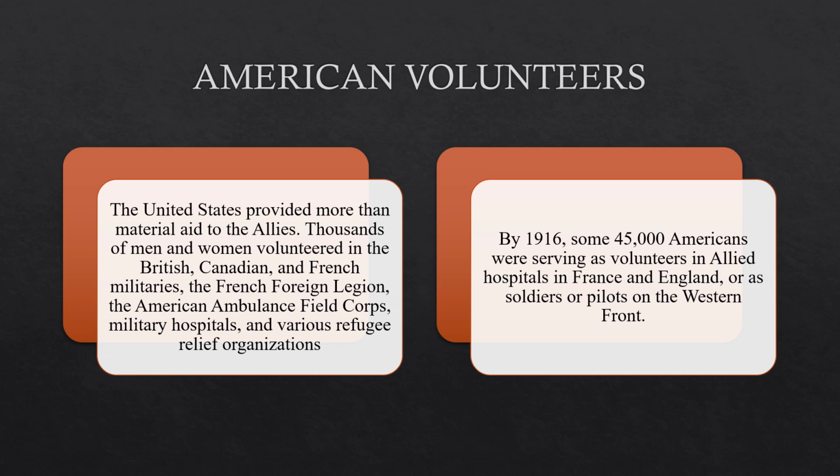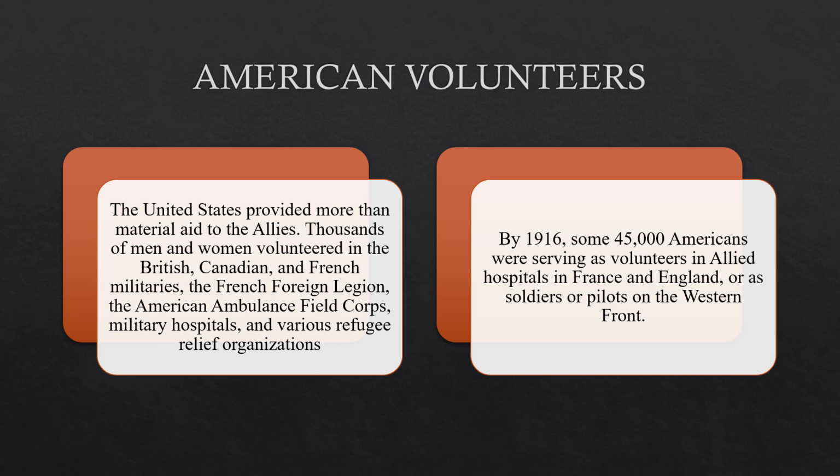Almost 300 volunteers served as pilots in an all-American aviation unit in France called the Lafayette Escadrille. Some 4,000 Native Americans, still not granted citizenship in the United States, volunteered in the Canadian Expeditionary Force.